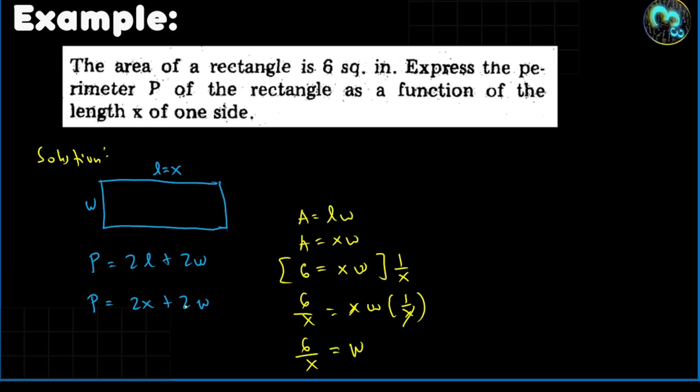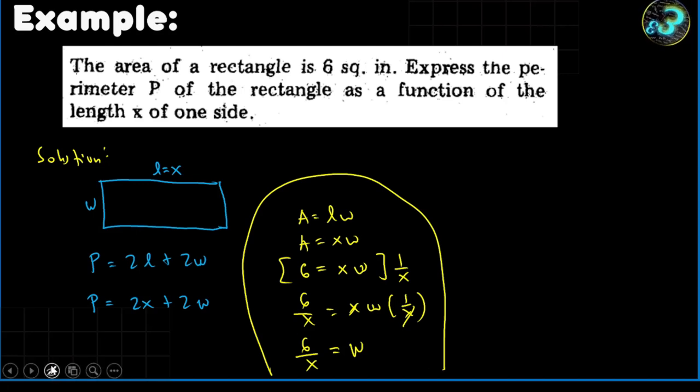So this one, we need to substitute here. So we'll have our P, our perimeter. Our perimeter will be equal to 2x plus 2w, in which w is 6 over x.